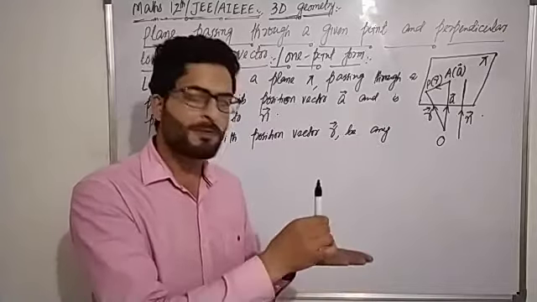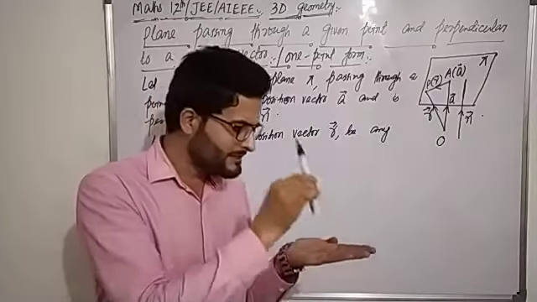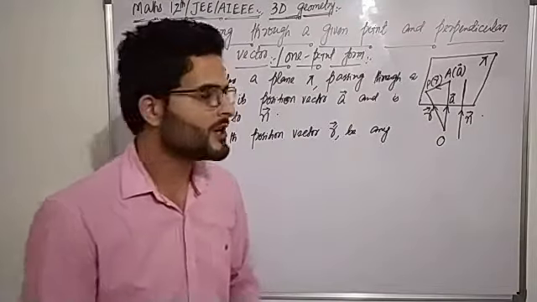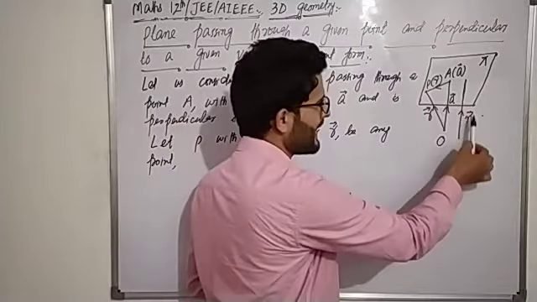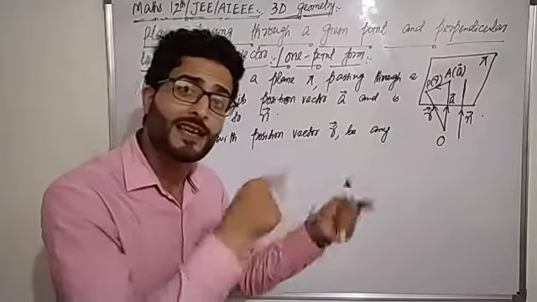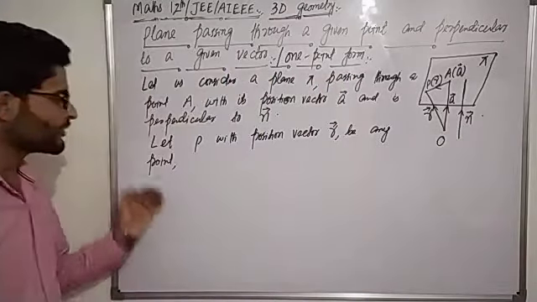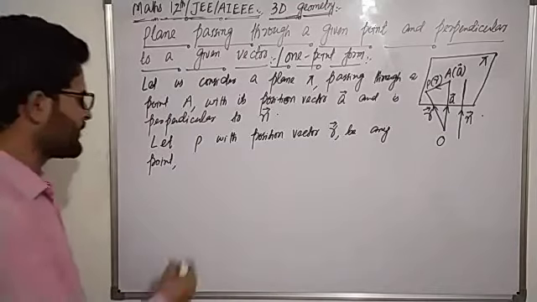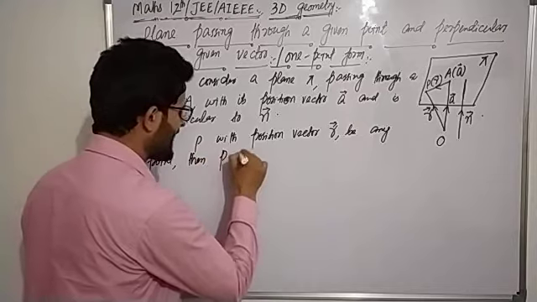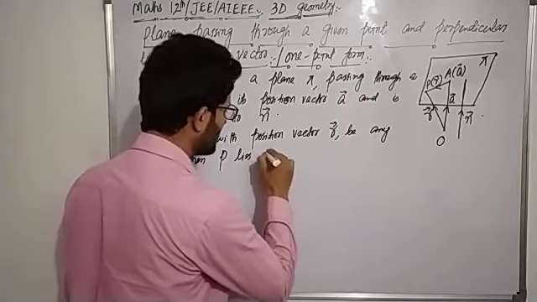Obviously, because it is perpendicular to the whole plane. When it is perpendicular to the whole plane, it is perpendicular to every line in the plane, right? So at that time, AP vector and n vector must be perpendicular to each other when P lies in the plane. So let P with position vector small r be any point, then P lies in the plane.